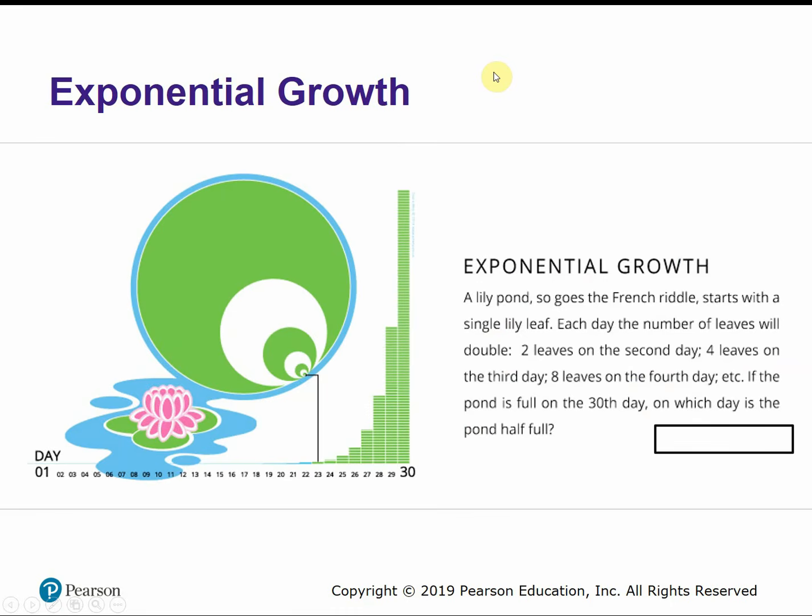So, another potential bonus question on your next exam, a little riddle about exponential growth. A lily pond starts with a single leaf. Every day the number of leaves will double. So 2 leaves on the second day, 4 leaves on the third day, 8 leaves on the fourth day, and so on and so forth.